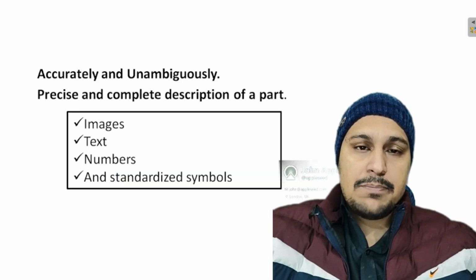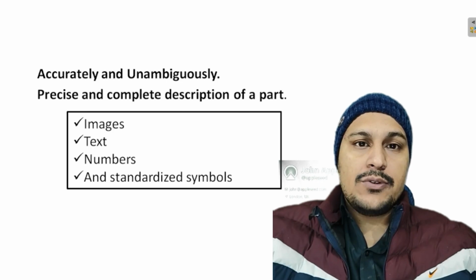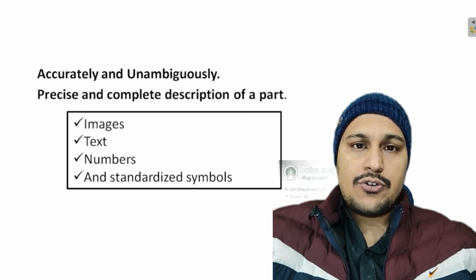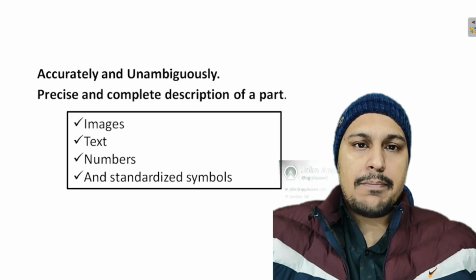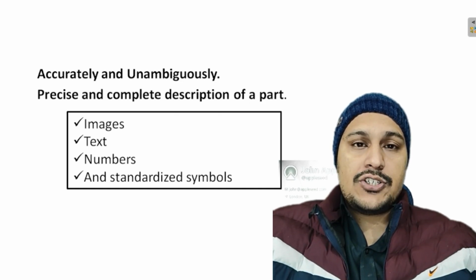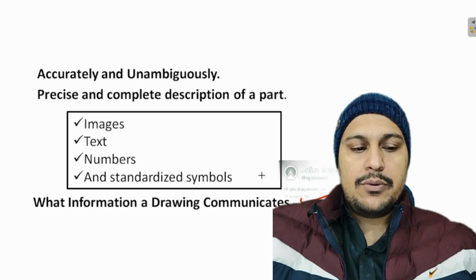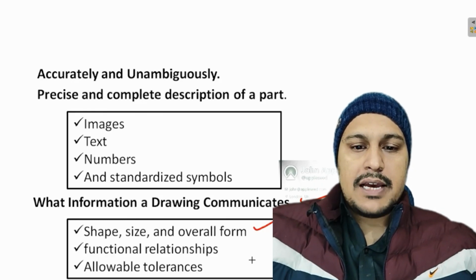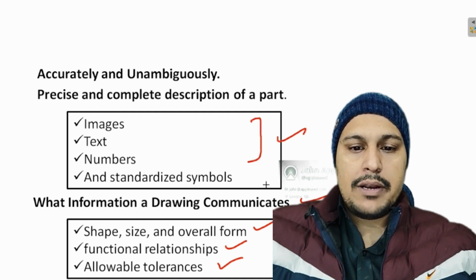The next point is what information a drawing communicates. An engineering drawing communicates several critical types of information. First, it defines the geometry of the part. What is the meaning of geometry here? Geometry is the shape, size and overall form. Basically, the information a drawing communicates is shape, size and overall form, functional relationship and allowable tolerance.